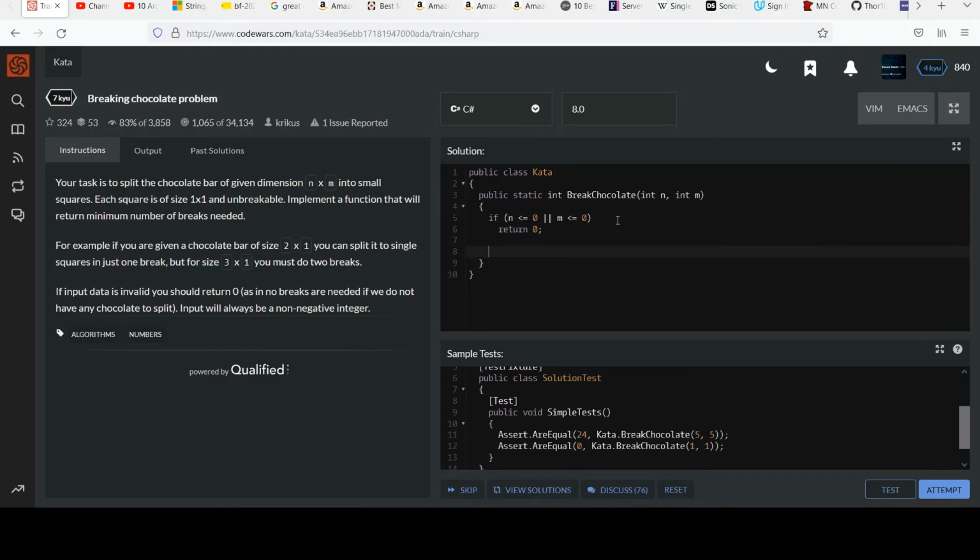That sums up to 5. And so if you do this with other dimensions like 3 by 5, etc., you notice a pattern. And then I simply returned n times m minus 1. Sort of the number of squares minus 1.